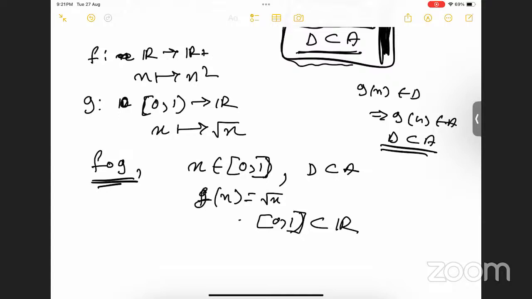Ma'am, the range of g of x should be 0 to positive infinity, right? No, we are taking the domain as 0 to 1. The range will be again 0 to 1. G of 0 is root over 0, which is 0, and G of 1 is root over 1, that is 1. Oh, okay, ma'am. Now I got it.